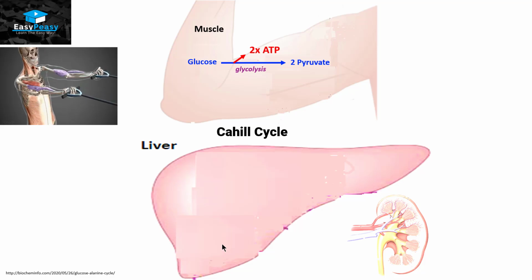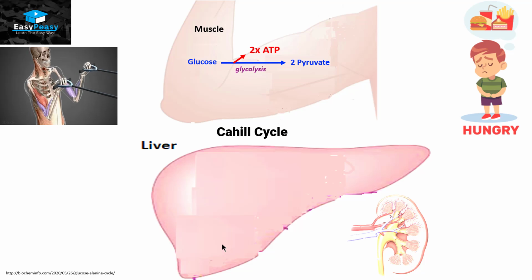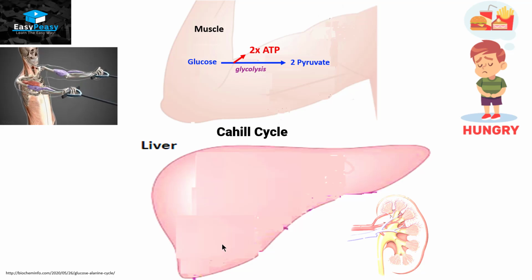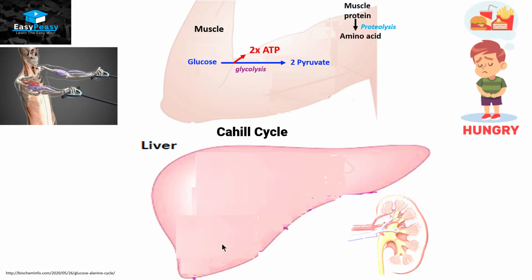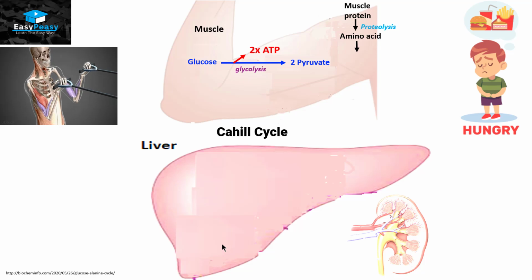Now in the instance of starvation, when our body is going to use proteins in order to generate glucose, the muscle proteins go through the process of proteolysis, in which the protein converts itself into amino acids. This amino acid will release an amino group.